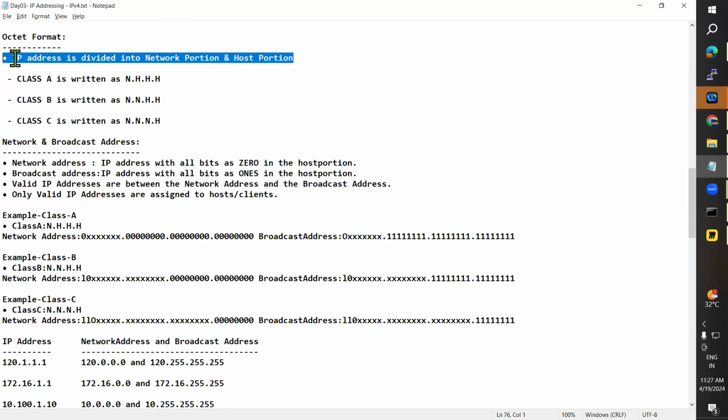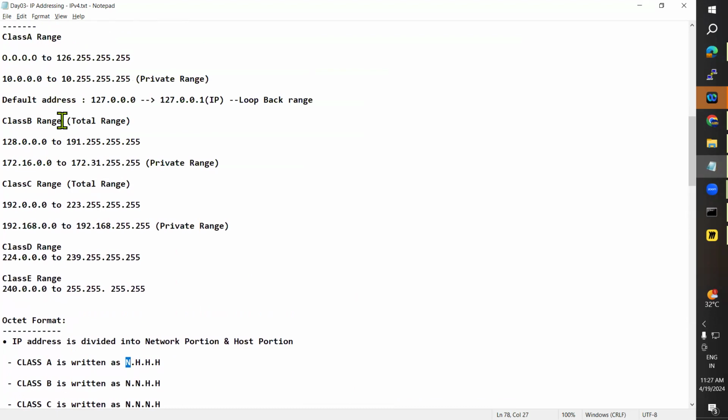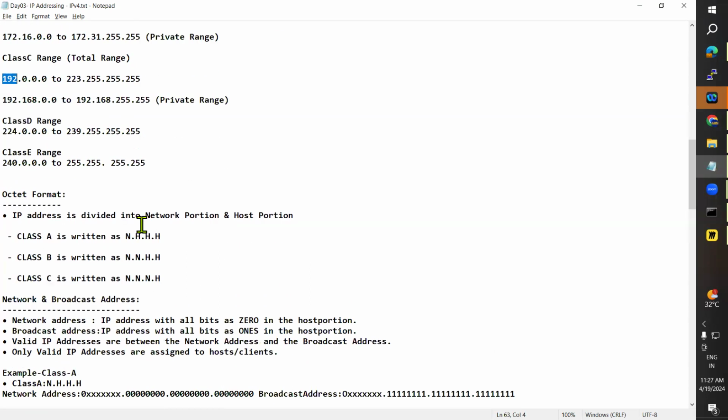See, this is the network portion, 10 dot network. So you call this 10 network, 128 network, 172 network, 192 network. In class A, the first octet is the network and the last three are host portions. Host means the computers' IP addresses.